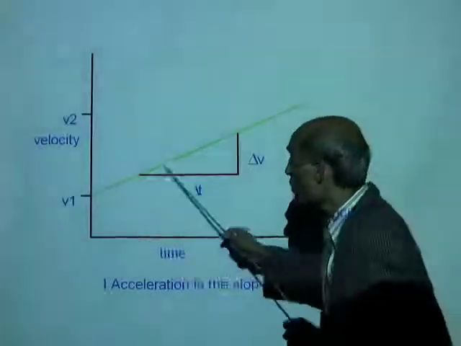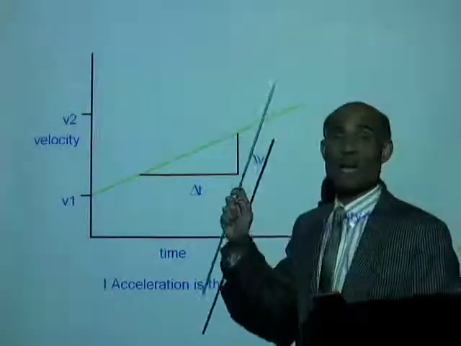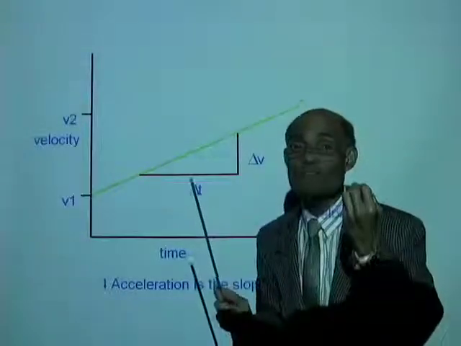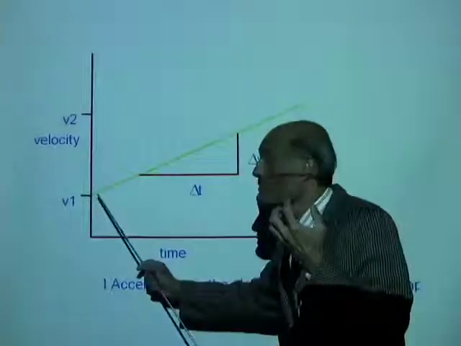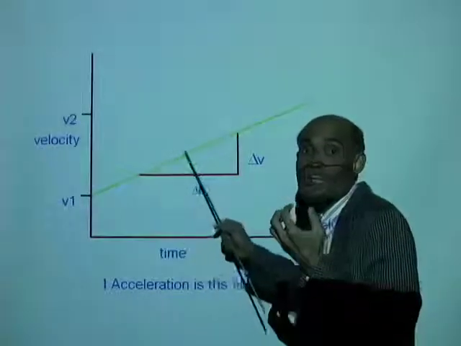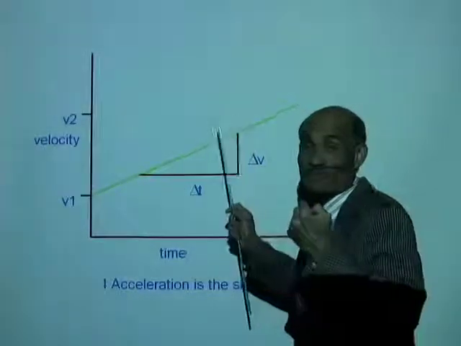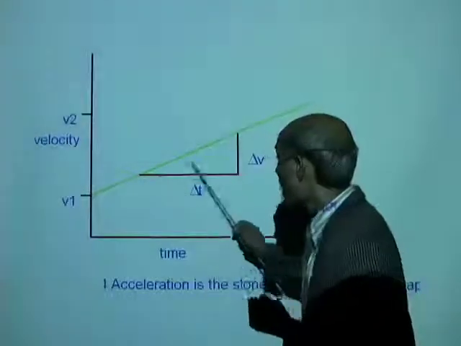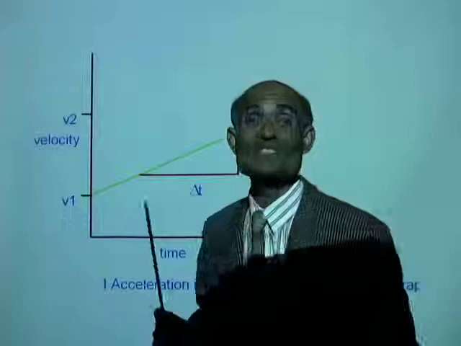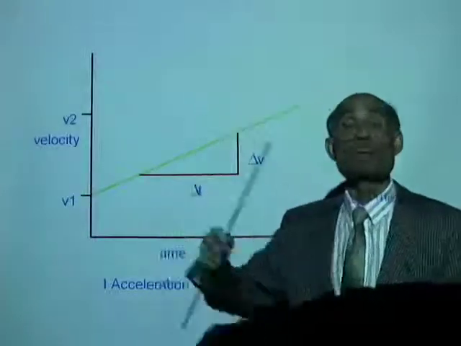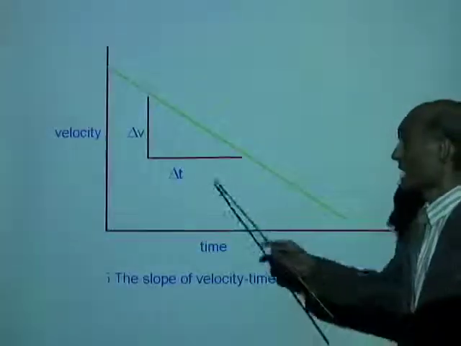Now, this is a positive acceleration. How do you know if it is a positive acceleration? An acceleration is positive if the velocity keeps on increasing, right? So the slope of the velocity against time graph is the positive acceleration.